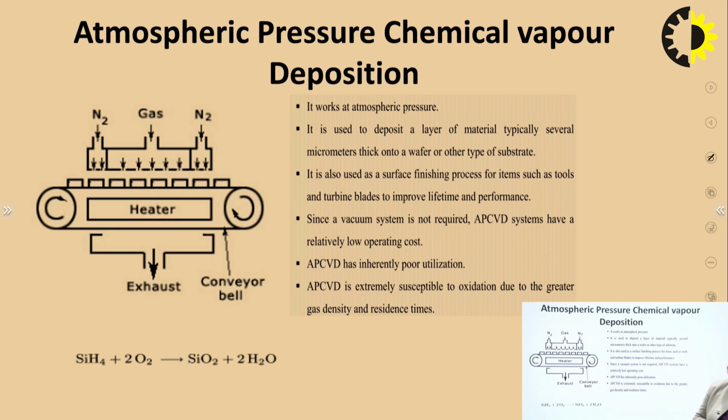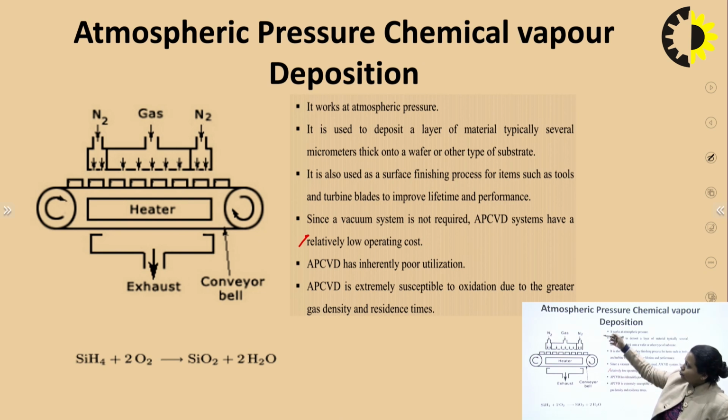This is the basic diagram of this type of CVD. This is a heater. The heater is placed inside a belt. The belt is a conveyor belt, and on the conveyor belt the wafers are kept, and the temperature of this belt is very high.